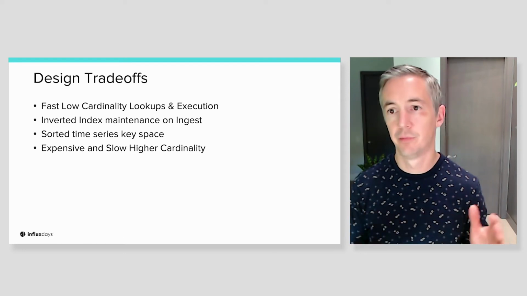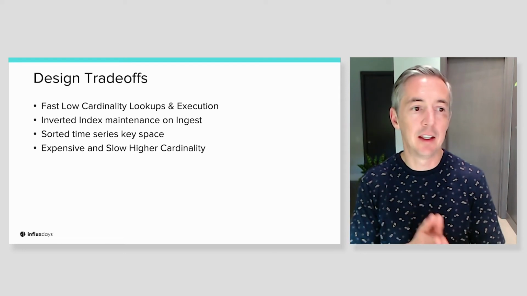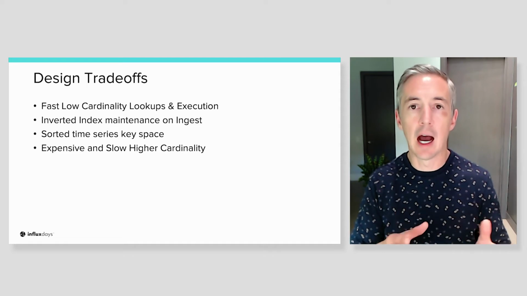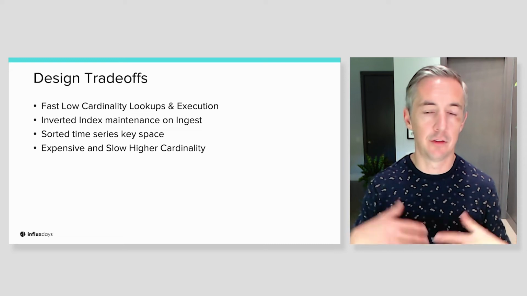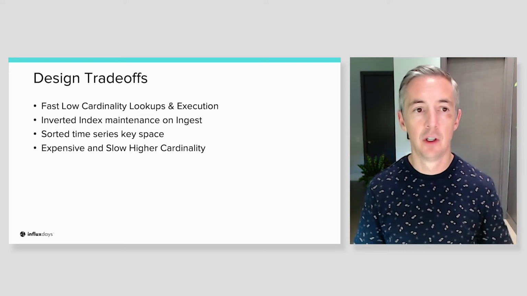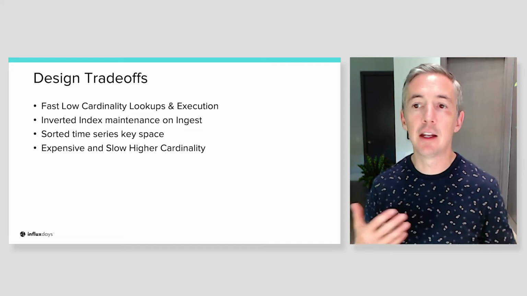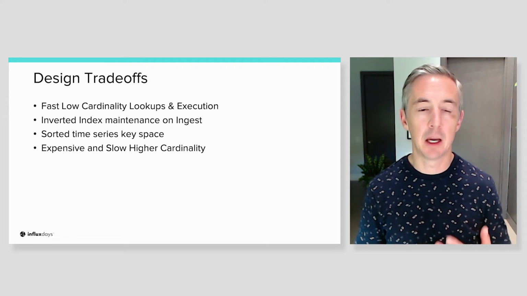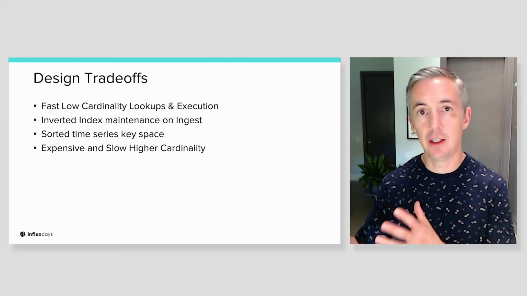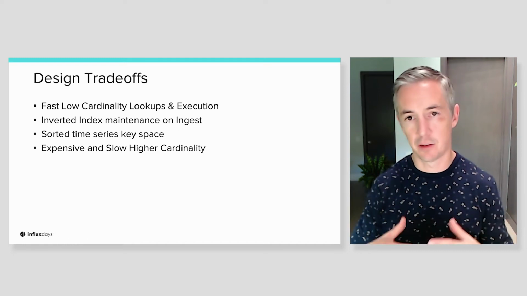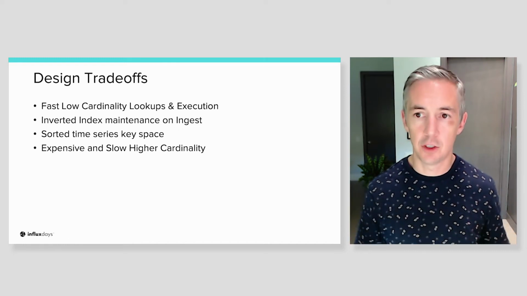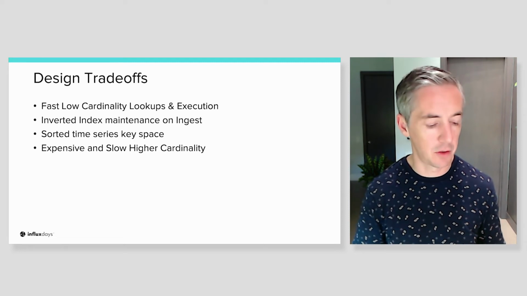The point of those things is that this makes it expensive and slow for higher cardinality workloads, where you have a lot of unique tag values, and a lot of event workloads end up becoming quite slow. And actually the size of your inverted index can end up being the thing that dominates how much disk space you have to use to store and work with all this time series data.